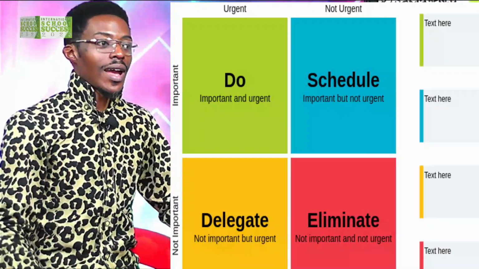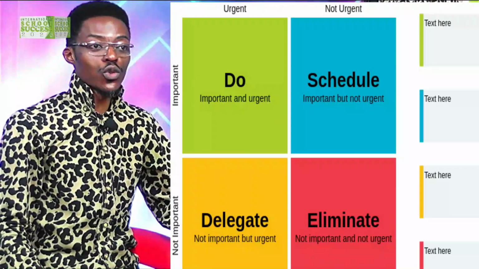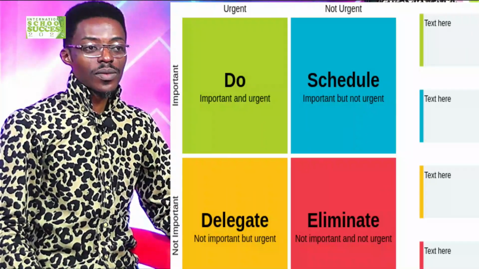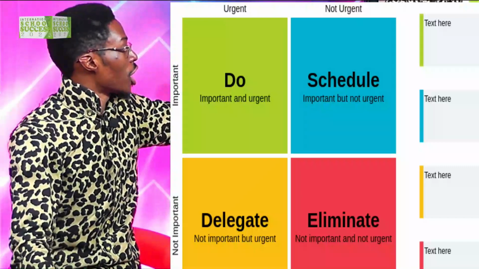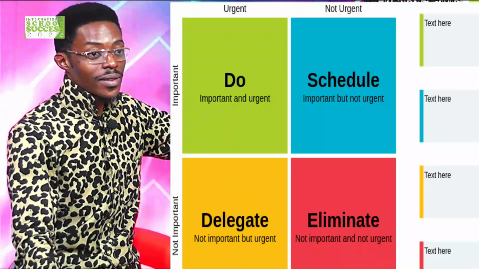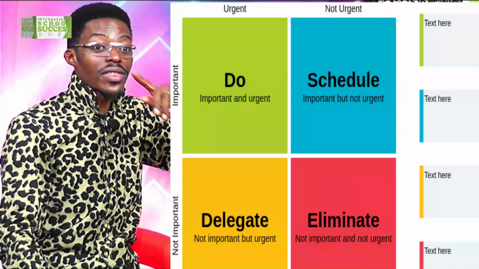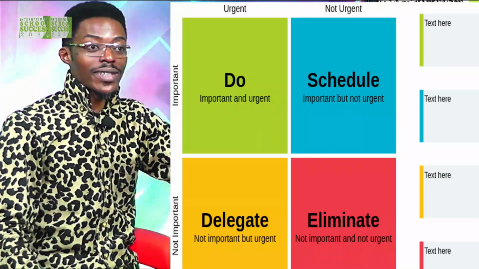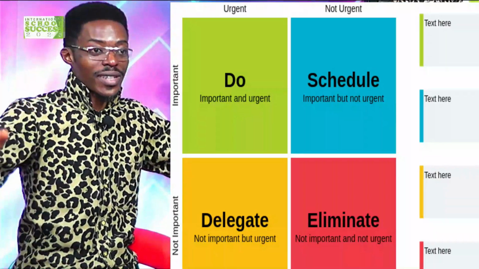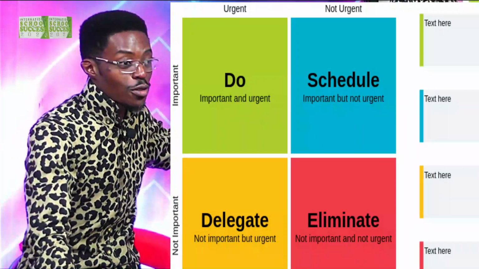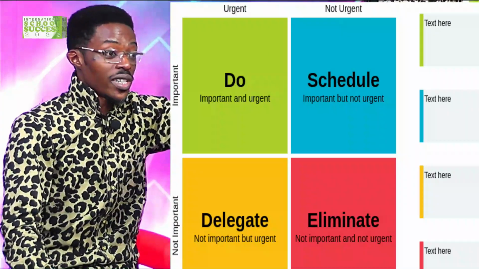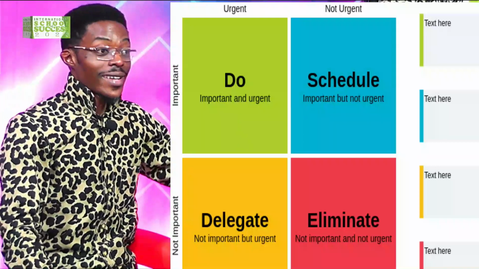Like, I had one of the tasks on my to-do list today. I looked at it and I classified it under urgent but not important. It fell into quadrant 3. It was a design. I needed to do a design for something. All I simply did was I called my daughter and said, do this design quickly for me. You see, I delegated it.